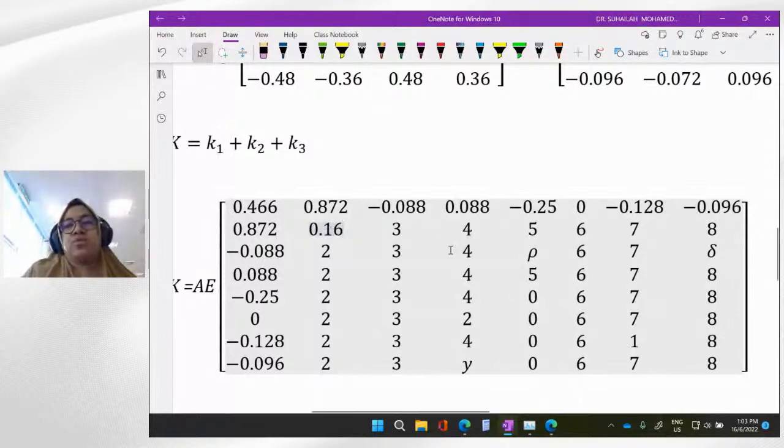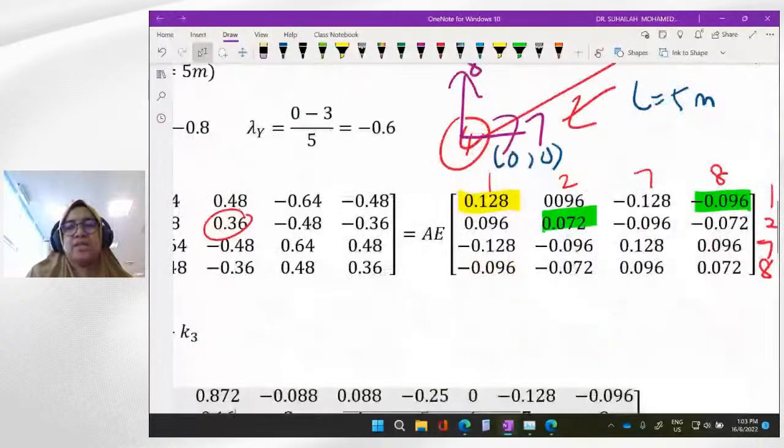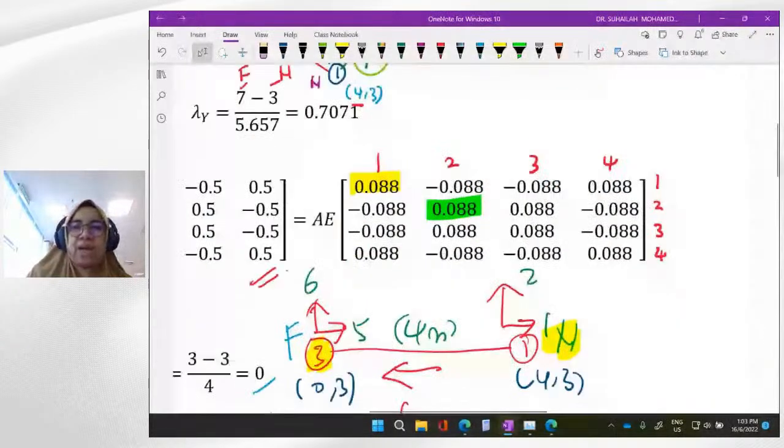Okay, continue. 2, 3. Where to get 2, 3? There is no 2, 3 in K2 or K3. Okay, we can get it from K1. 2, 3 or 3, 2 is the same value.